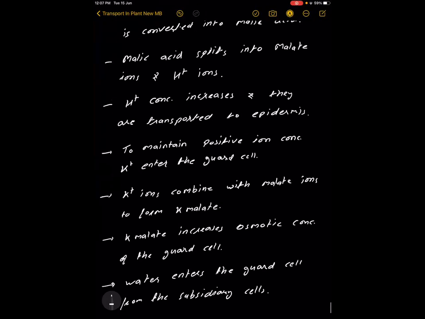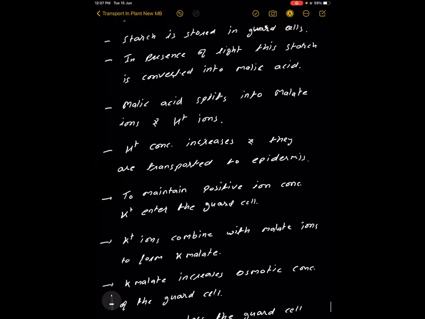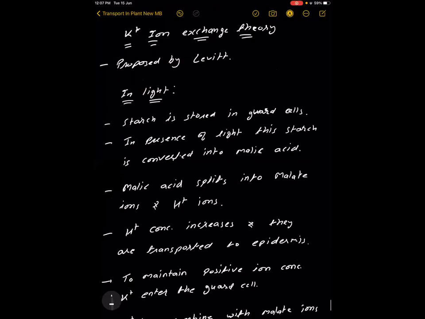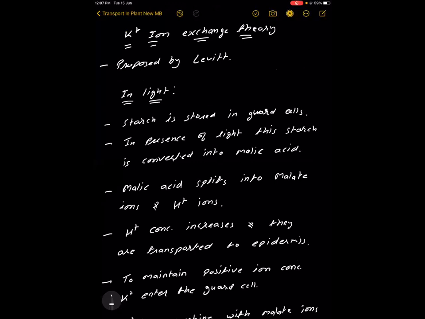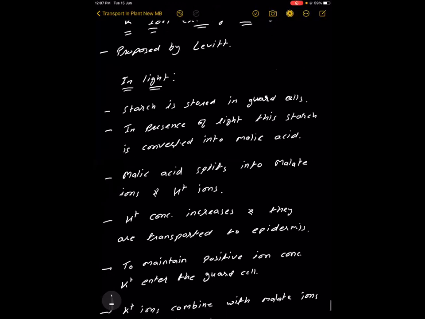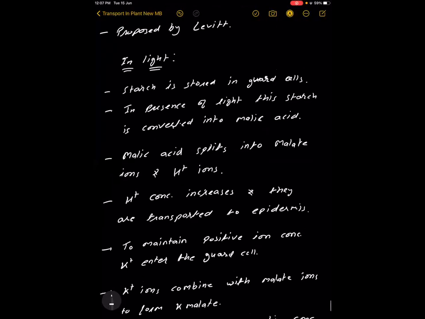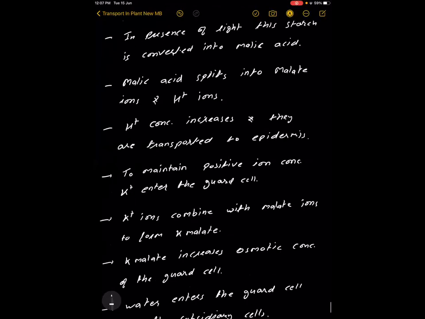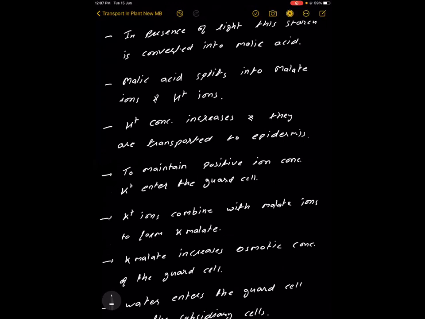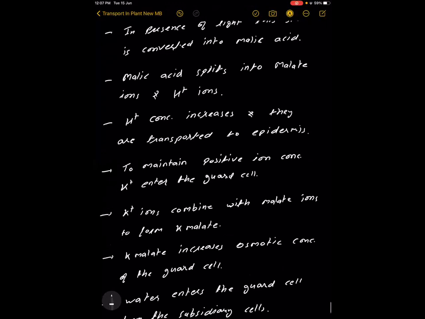This is the starting of the potassium ion exchange theory. So first in light, in the guard cell, starch is converted into malic acid, forming H ions plus malate. H ions move out, potassium ions enter the guard cell, and they form potassium malate.